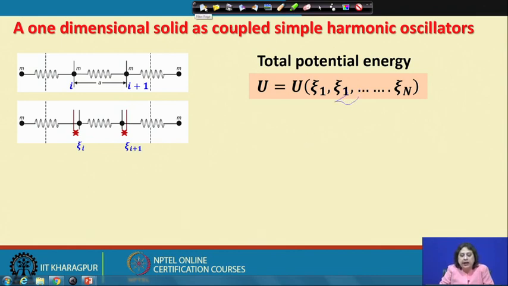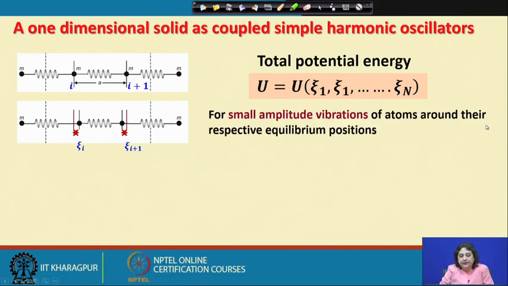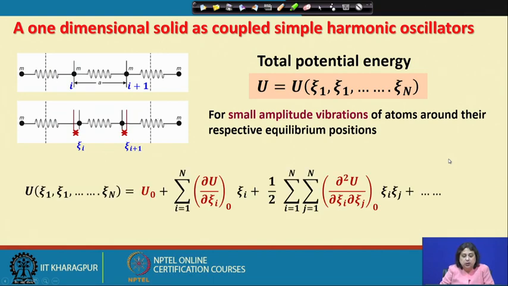Now, in the next phase I can very easily say that if I have a stable solid, then the atoms will be able to execute only small amplitude vibrational motion around their respective equilibrium positions. So, I can expand this potential energy about the mean equilibrium position with respect to each of the atoms constituting it, so that this is the potential energy when all the atoms are at their mean equilibrium position.